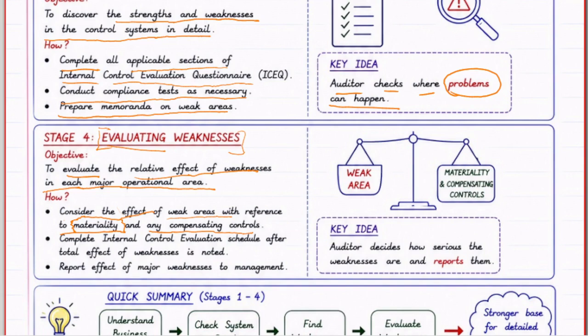Now, is that a weakness? It could be, if there is no compensating control. What is the compensating control? Compensating control is what keeps this thing in check, and that is the system.